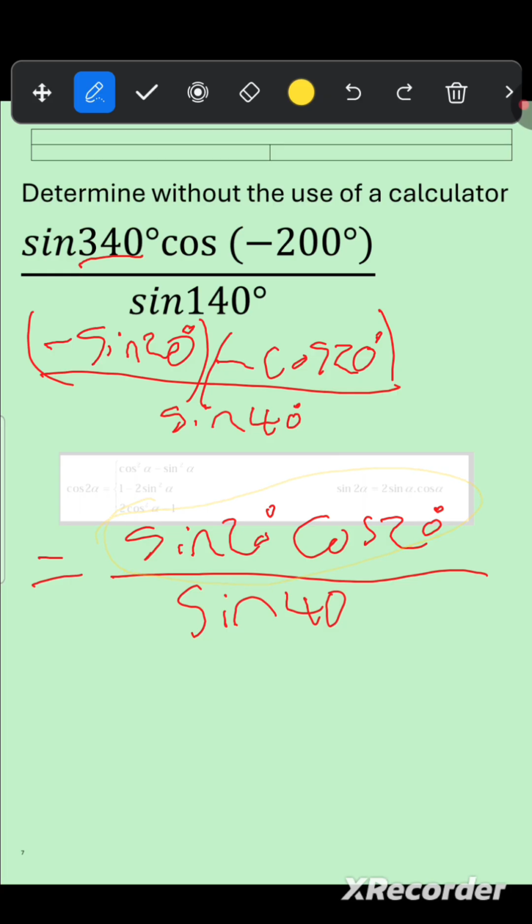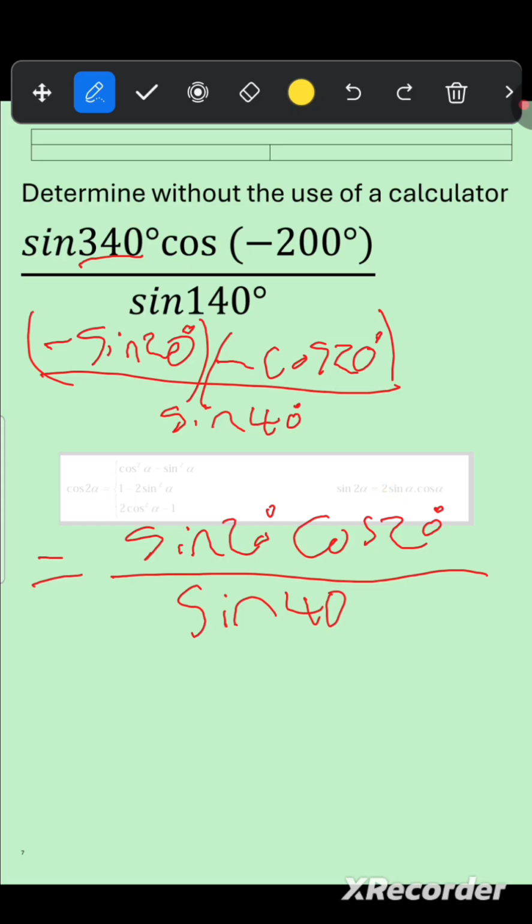But the problem is that we don't have that 2 there. The coefficient instead is 1. And for it to be the double angle identity of sine, we must have a coefficient of 2 there. So I'm going to introduce that 2.